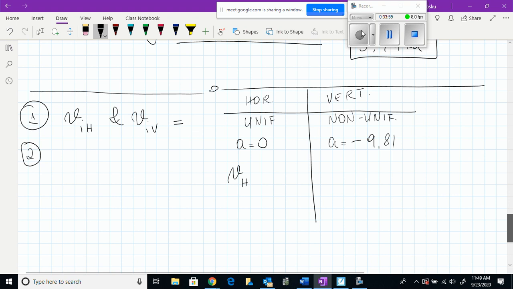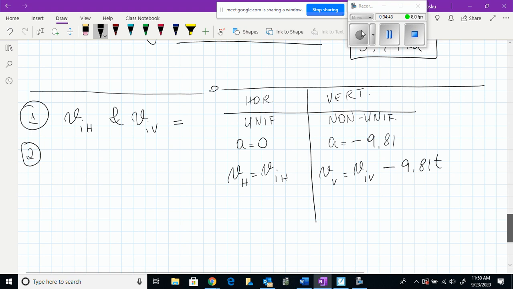And then the velocity in the horizontal will be equal to the horizontal component of the initial velocity. Whatever value you found, you will plug it in here. For the vertical, we will have the vertical component of the initial velocity minus 9.81 t. That means the velocity is changing, because it is a non-uniform motion.